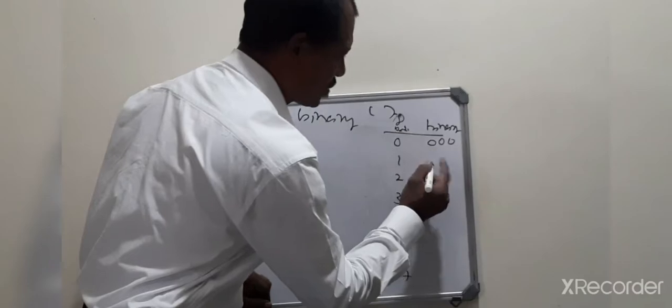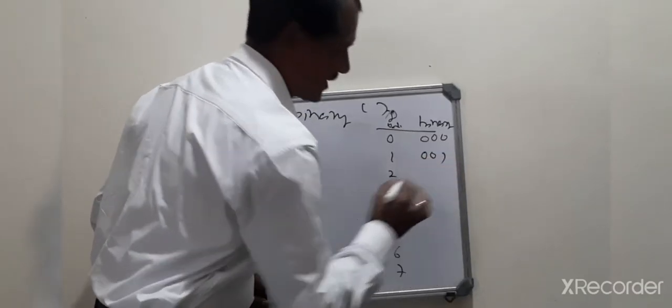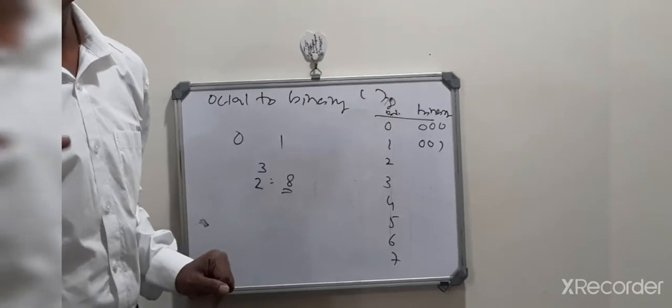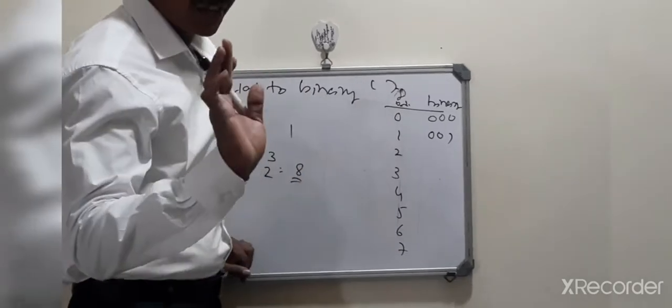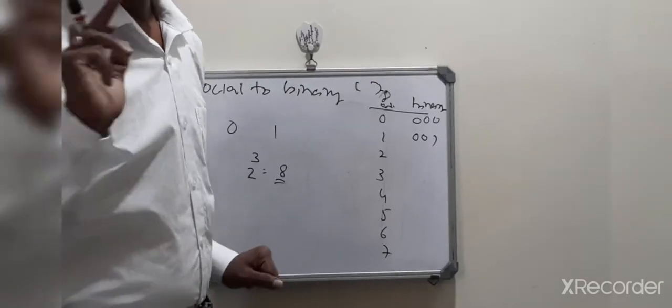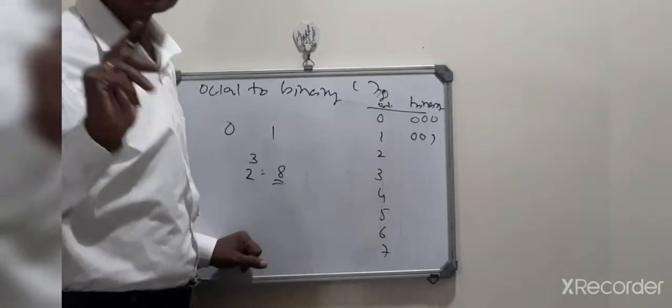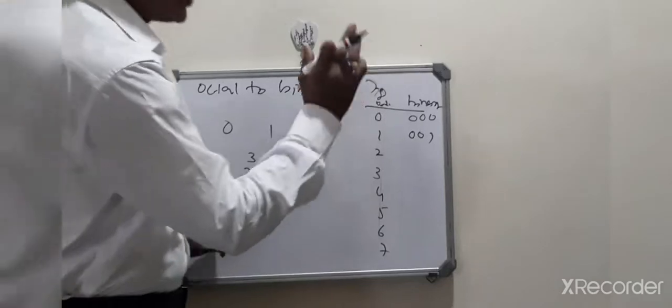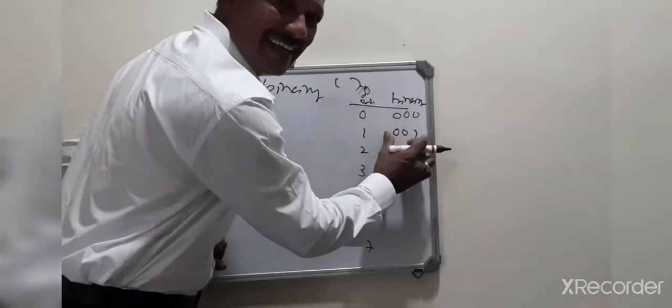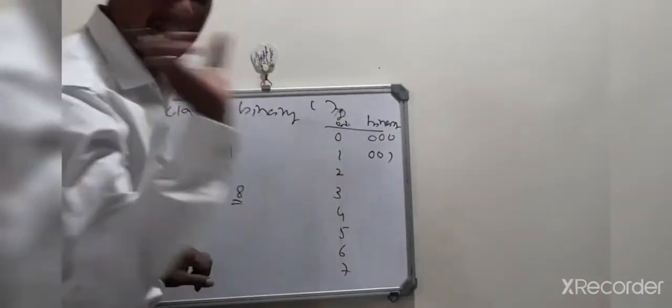After 0 0 0, that is 0 0 1. In each and every step, I am adding 1, so that you know binary addition. 0 plus 0 is 0, 0 plus 1 is 1, 1 plus 0 is 1, 1 plus 1 is 1 0. Like that, using the binary addition concept, I am incrementing the binary number. Here is the combination of 3 bits.